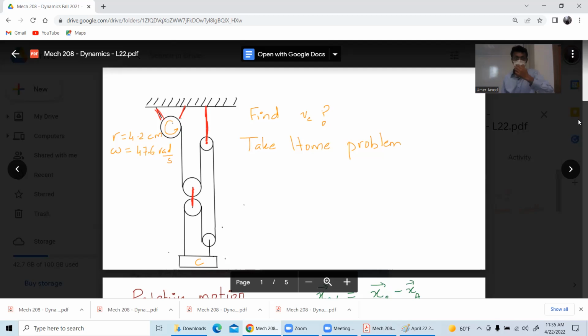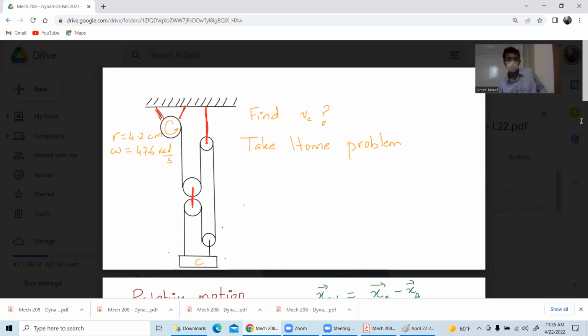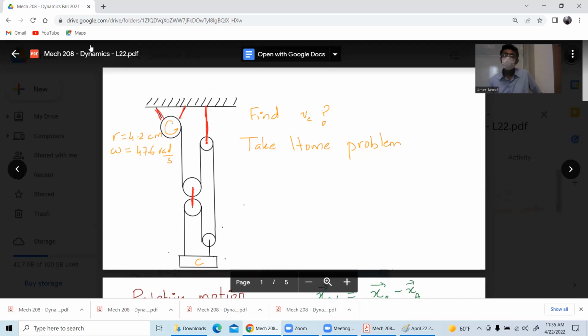So if you have the velocity at this point, then you can think about this problem and solve it. So this is your take-home problem. Okay, good. I will try to find a solution and I will post the solution. And trust me, for more than one rope, these become challenging.